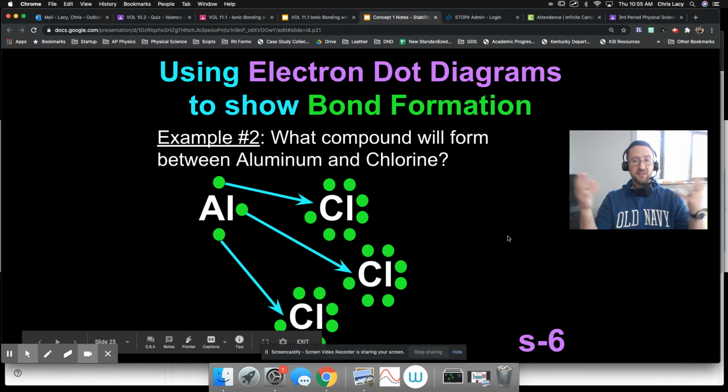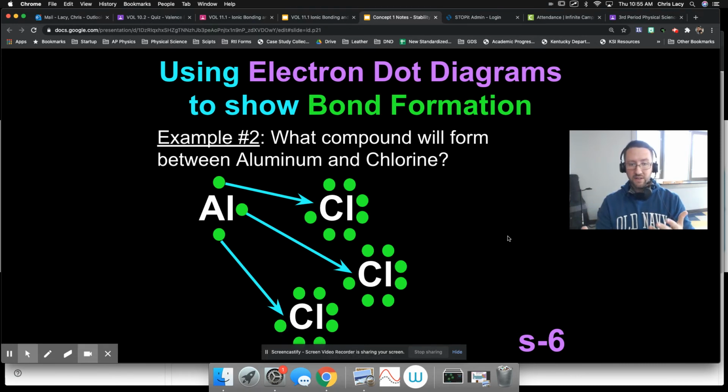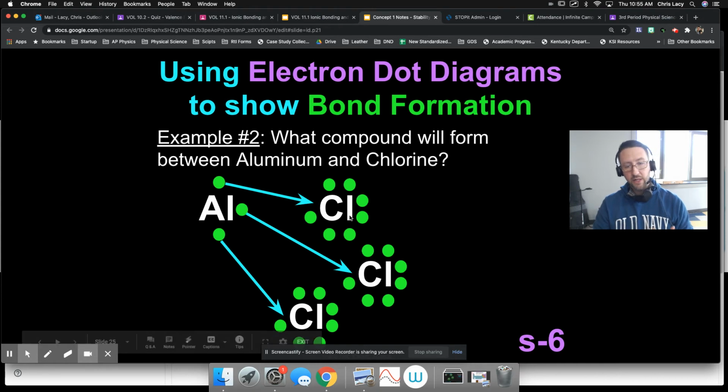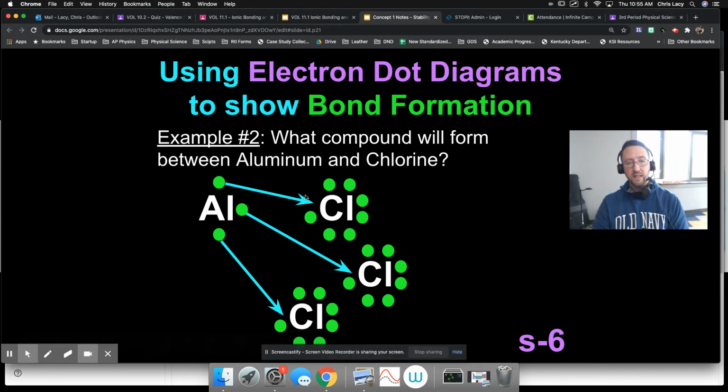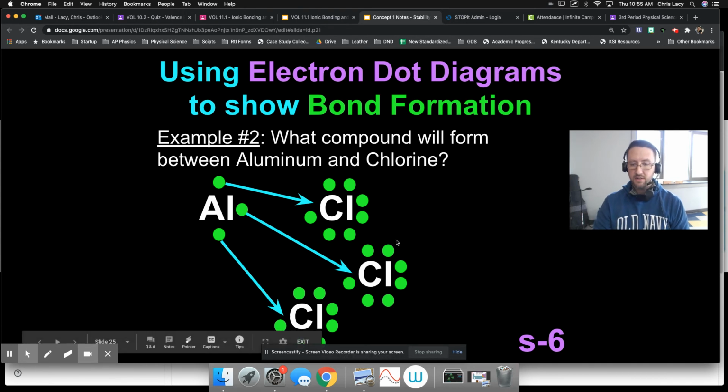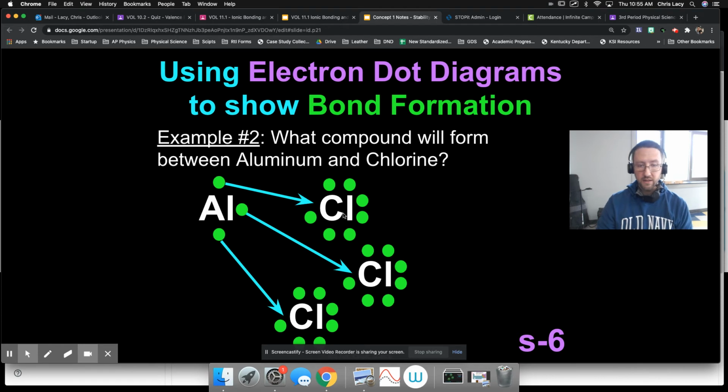So if I mix a bunch of aluminum and chlorine together, just the atoms off the periodic table, it's going to take 3 chlorines to bond with a single aluminum in an ionic bond because it's got to get rid of those electrons. Okay, last step is I need to write the formula. I know it's going to be AlCl, aluminum and chlorine, but I need to put a little subscript on there to show that chlorine, there are 3 of them for every 1 aluminum.